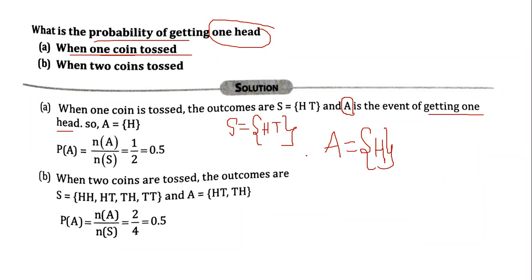Now, the possibility of the answer is 2. You can get a head or a tail. But out of the 2 possibilities, what have they asked us to find? They have asked us to find about only one head. So this is the favorable outcome of the event A, and this will be the exhaustive outcome or the sample space.